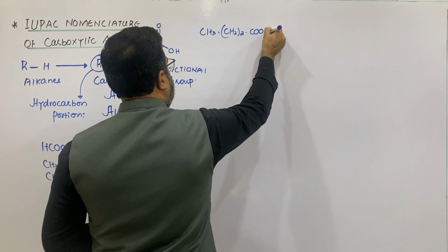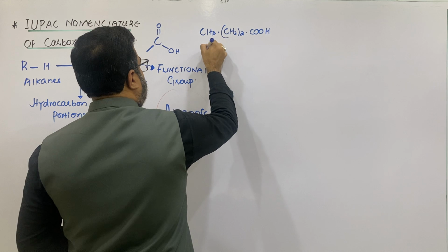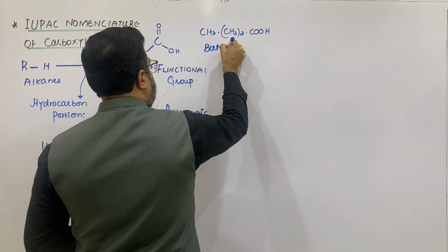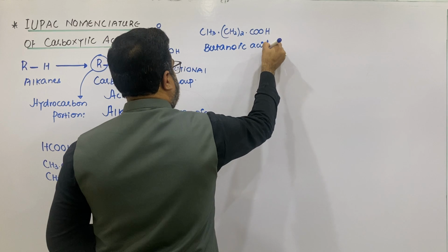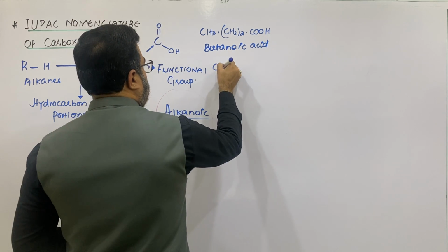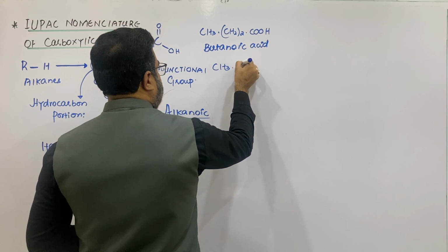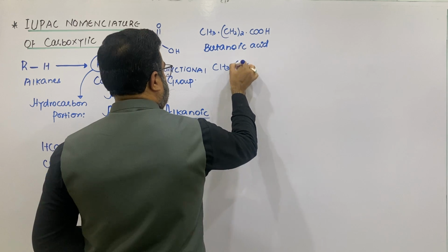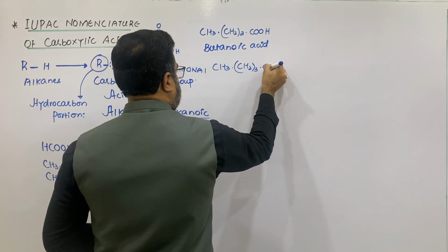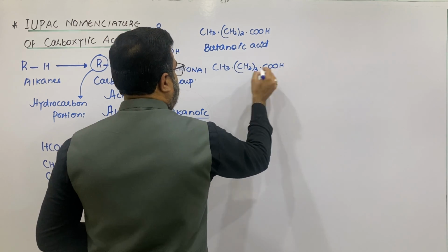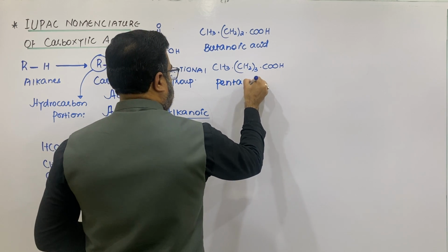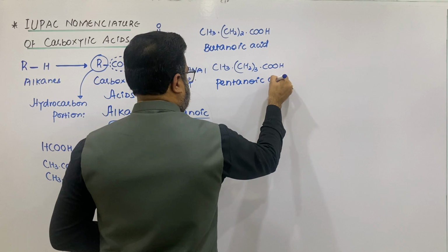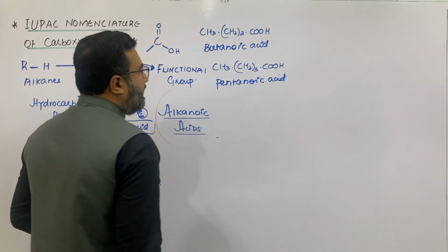In the same way, with four carbons, it will be after butane, butanoic acid. One with five carbon atoms, after pentane, will be called pentanoic acid.